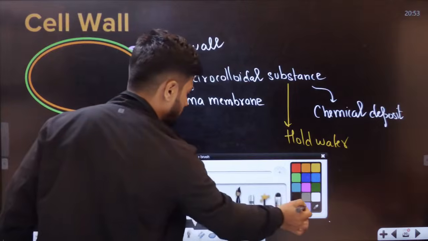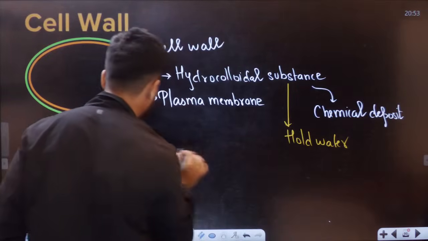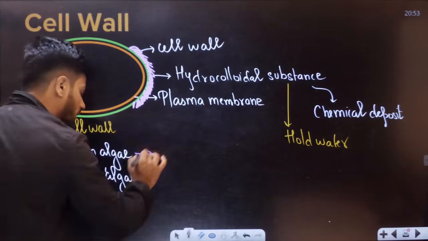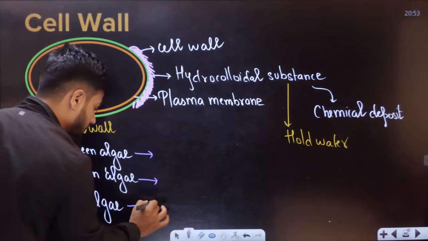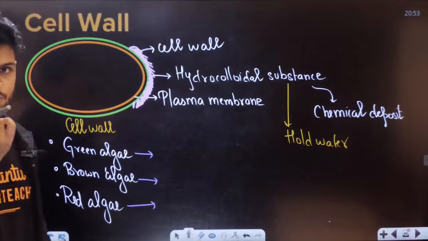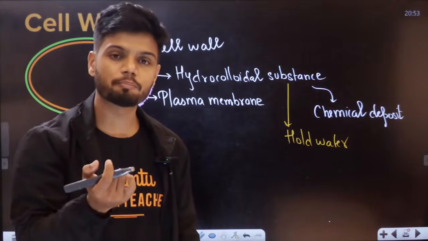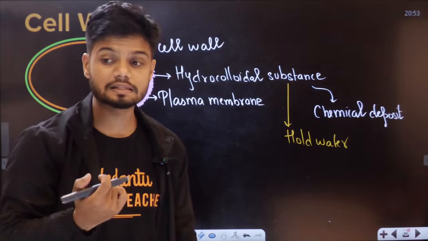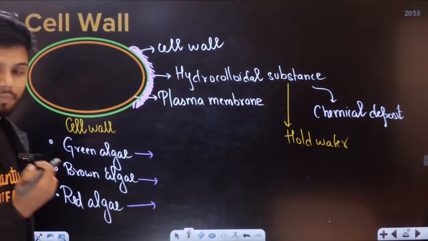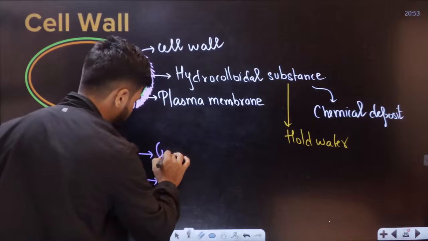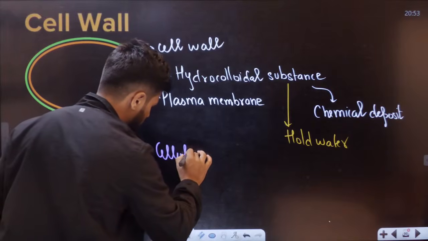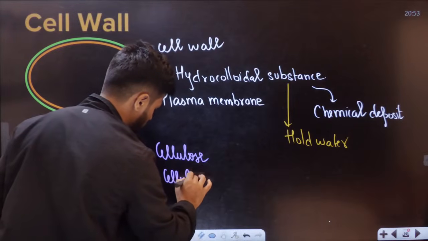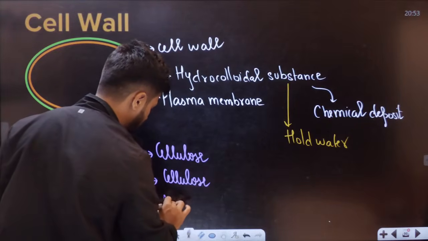In the case of green algae, what do we have, students? In green algae, brown algae, and red algae, one thing is very common. It is a type of polysaccharide which does not have helicals. The one thing which is common is called cellulose.